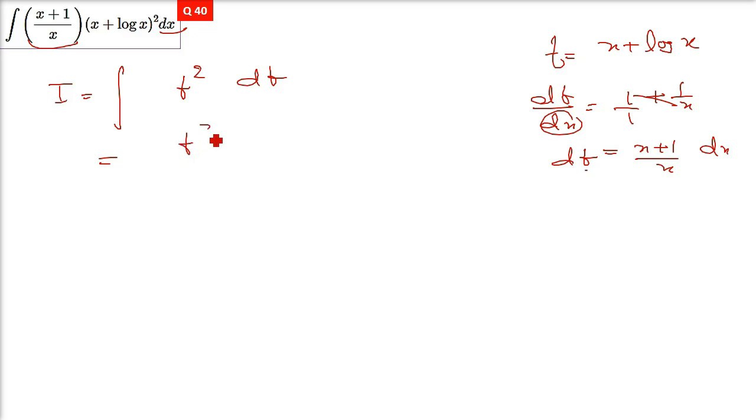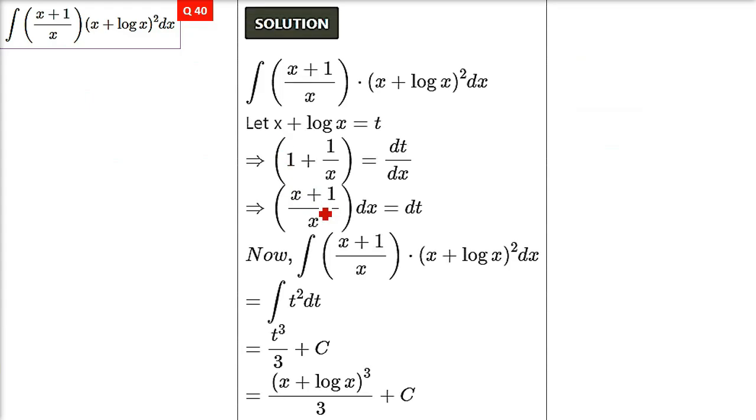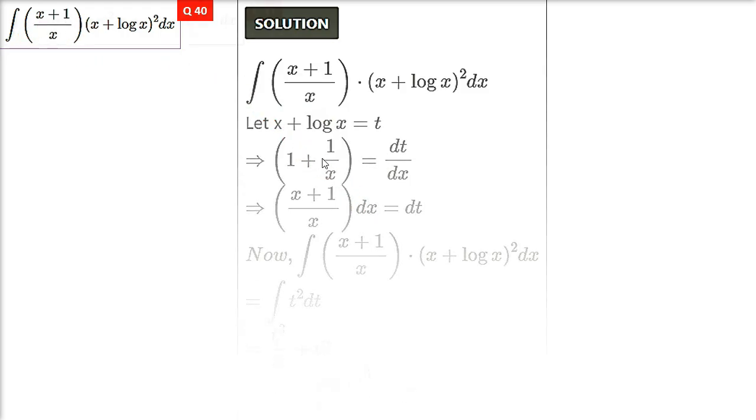This will be t raised 2 plus 1 divided by 2 plus 1, so t cube by 3 plus c. So in place of t you can write (x plus log x) whole cube, and 1 by 3 already there plus constant of integration. So this is how you are going to write it. X plus log x will directly give you 1 plus 1 by x.